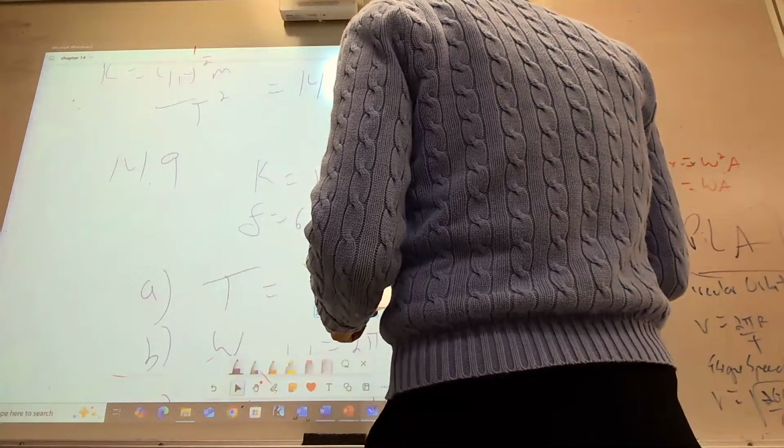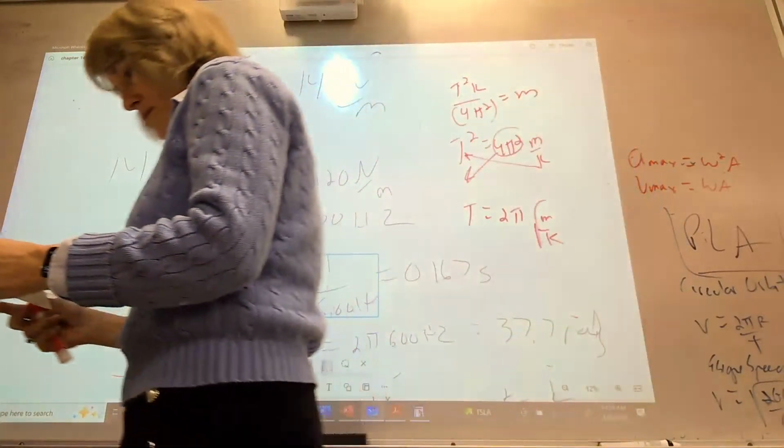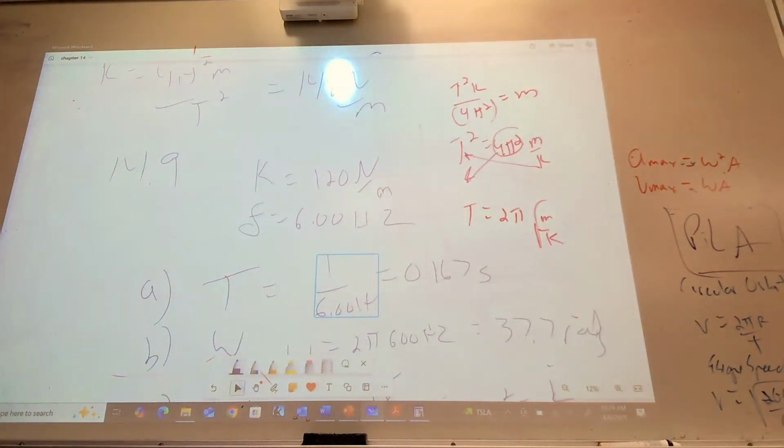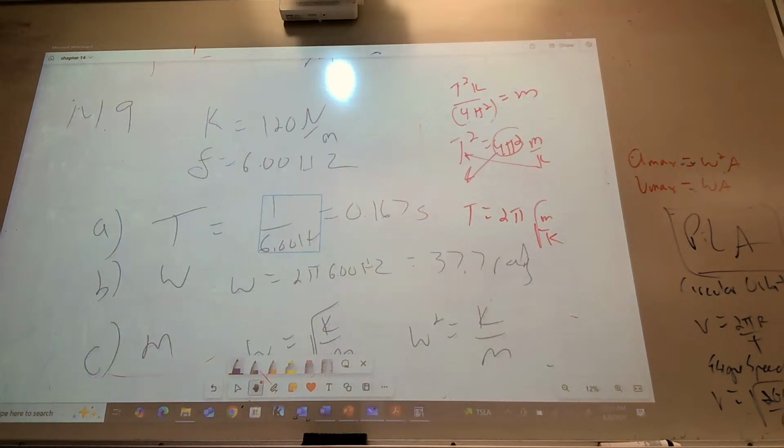Oh, let's see what I did. K is right here. I think I saw it wrong. I didn't square my T. I timesed it by 2. Okay, so we have this.